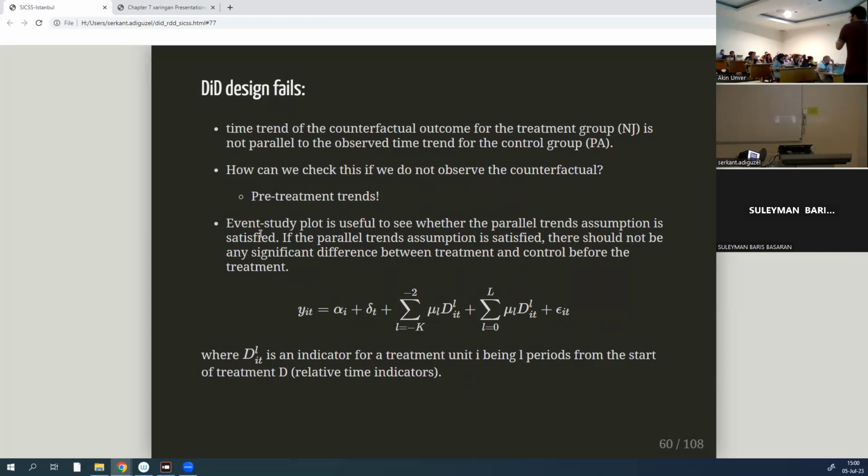But how are we going to check this, because we don't observe the New Jersey counterfactual, right? Well, as I told you, we can look at pretrends. The key idea is you need to have multiple data points before the treatment happens, so that you can compare these two groups over time and keep track of whether they follow parallel tracks.